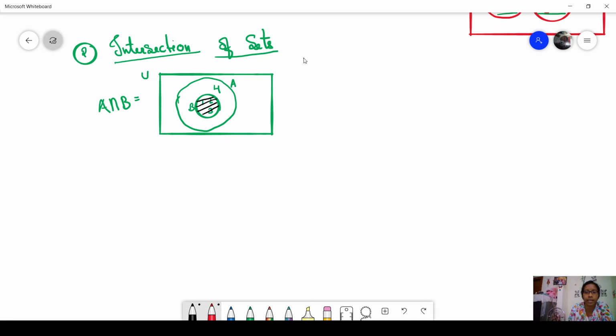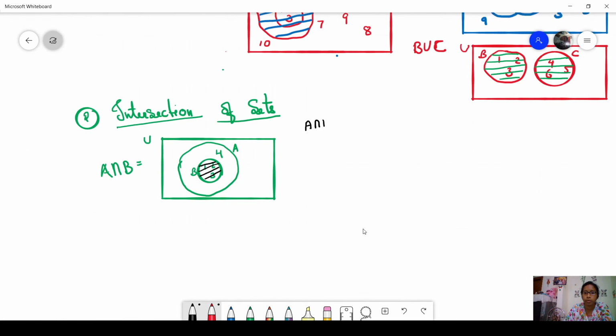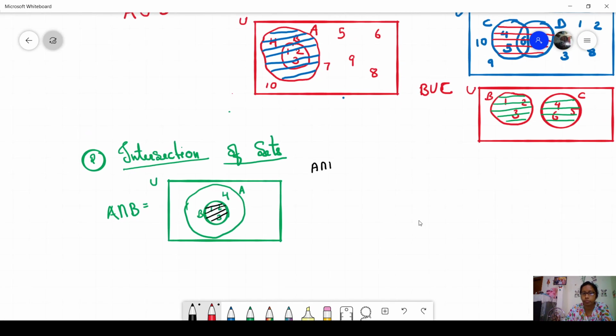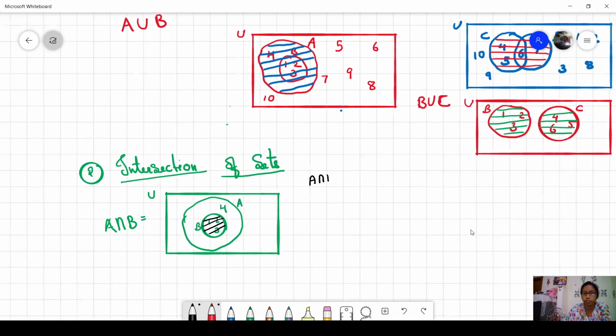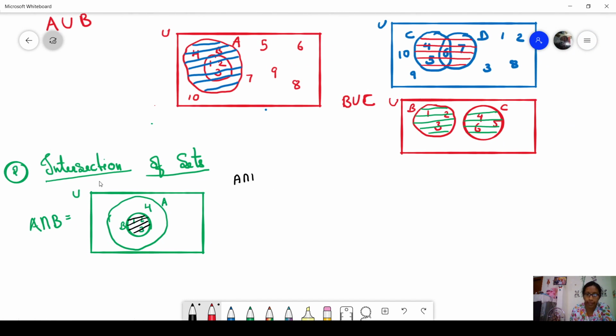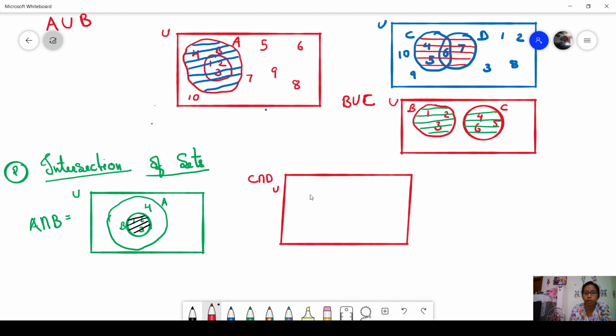Now the next one, when we take the next set, instead of A we will take C intersection D. When we draw C intersection D, a rectangle U, our universal set.